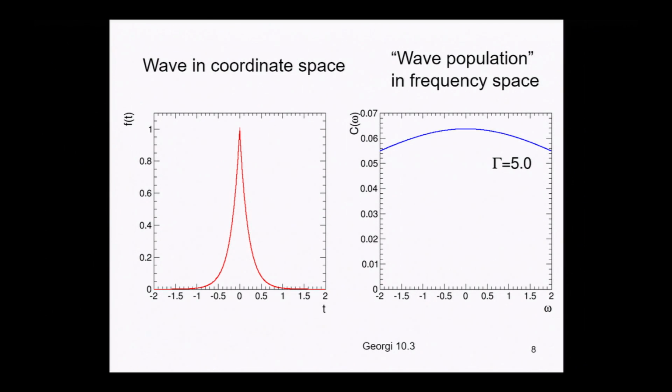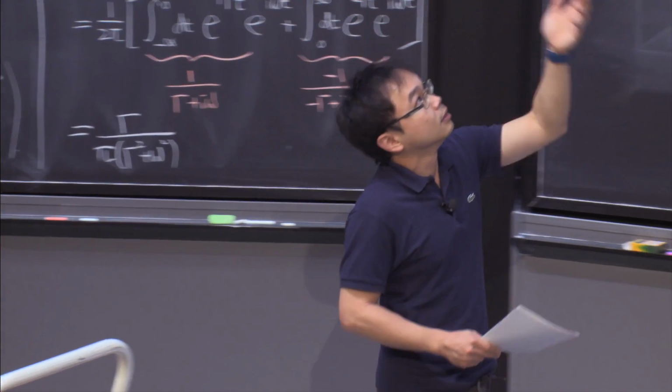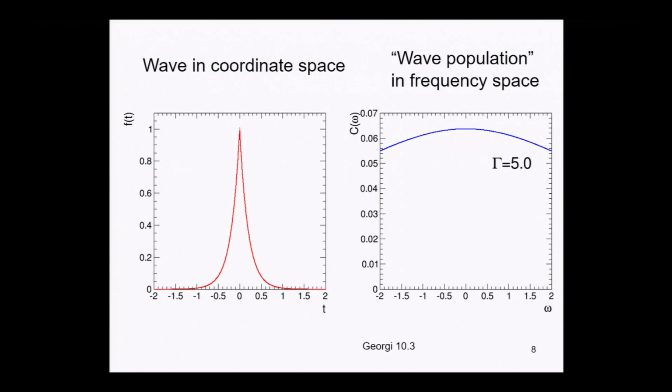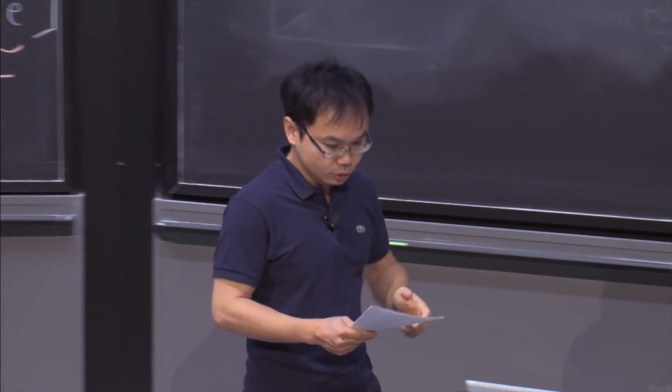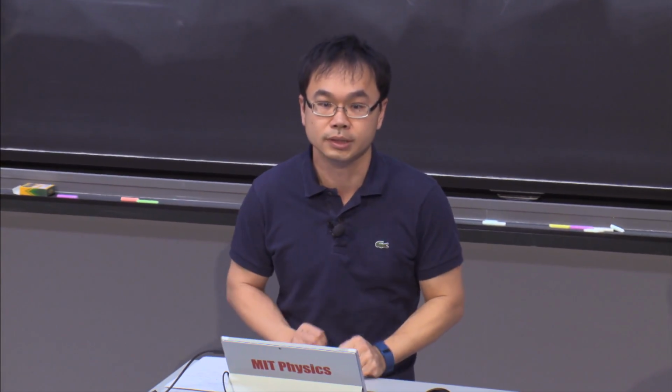And you can see that as a function of gamma, now if I set gamma to be 5, you can see that the width of the wave in the coordinate space becomes really small. But if you look at the corresponding c function, you can see that the width becomes really large. Okay, it seems to be telling us something interesting.